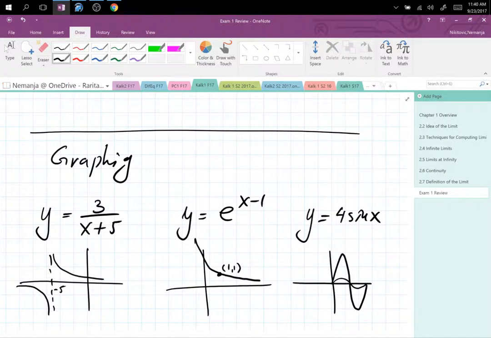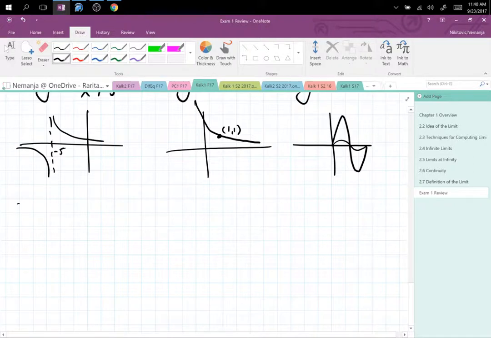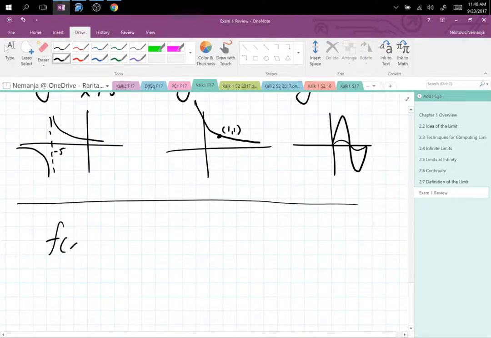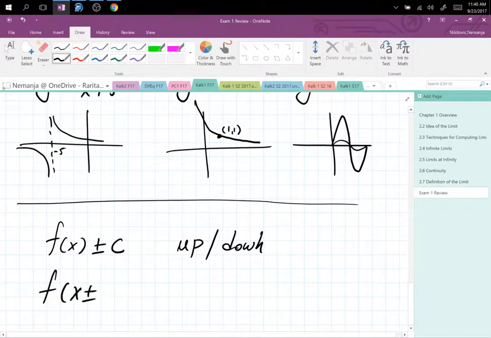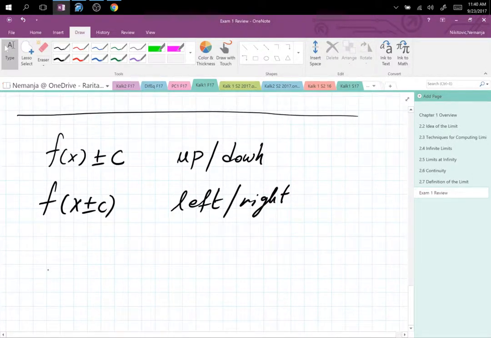Sure. So when we have graphing, we have f of x plus or minus c, which is the shift up, down, and we have f of x plus or minus c, which is the shift left, right. Our graph that I proposed earlier was y equals e to the x minus 1.